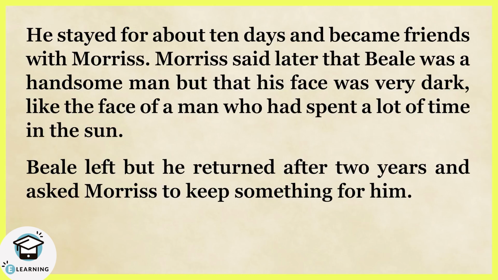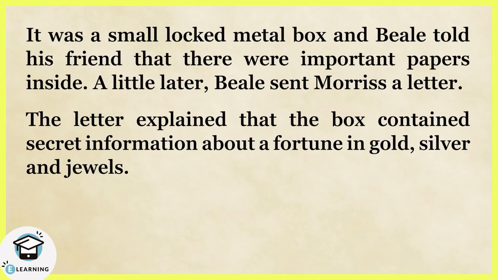Beale left, but he returned after 2 years and asked Morris to keep something for him. It was a small, locked metal box, and Beale told his friend that there were important papers inside. A little later, Beale sent Morris a letter.